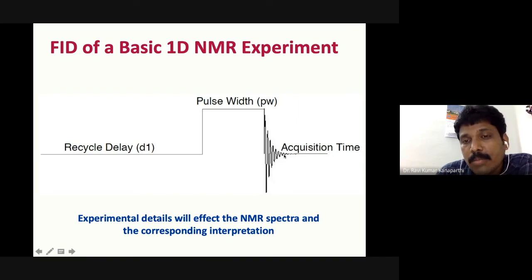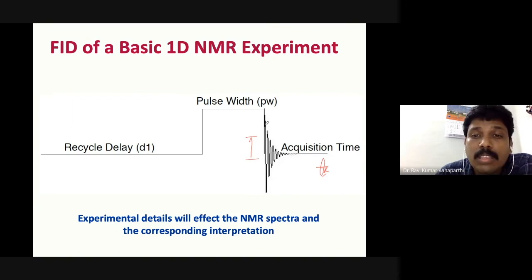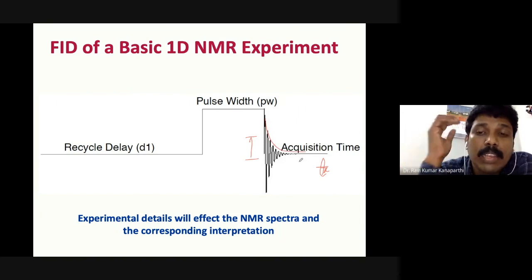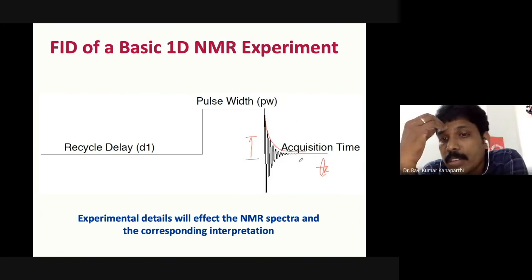This is intensity versus time, with the time coordinate on this axis, and slowly it decays. This is an exponential function. If you try to fit this data, you will get certain information.